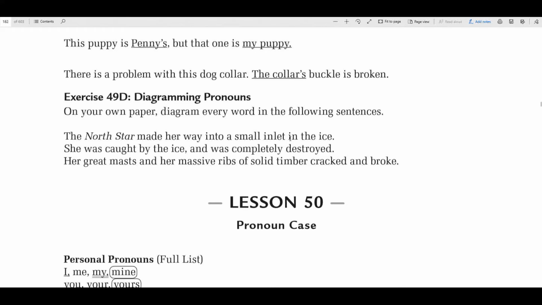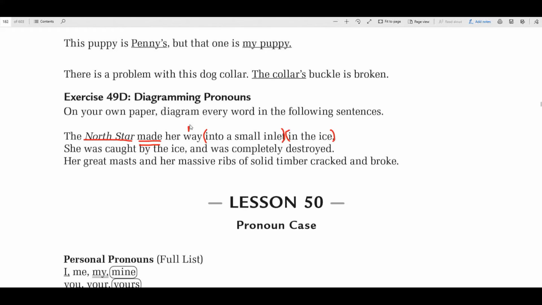Okay. Let's label them first. In the ice, that's a prepositional phrase. Into a small inlet is another. Okay. So the North Star made, that's going to be our verb, one verb. Who or what made North Star? Okay, so North Star made who or what? This is action, so we're looking for a direct object. North Star made who or what?